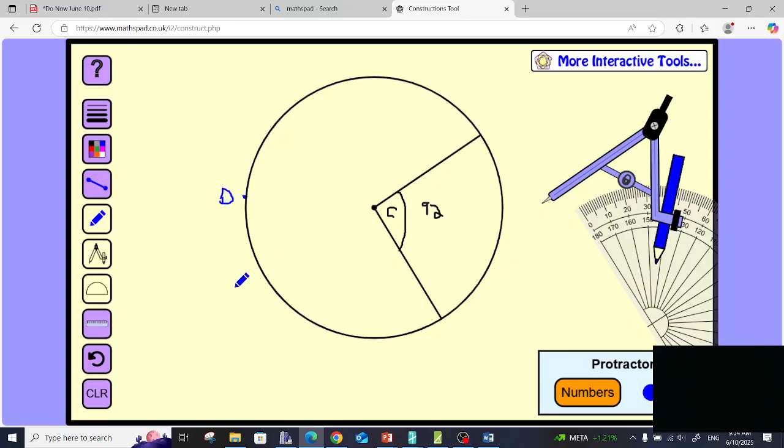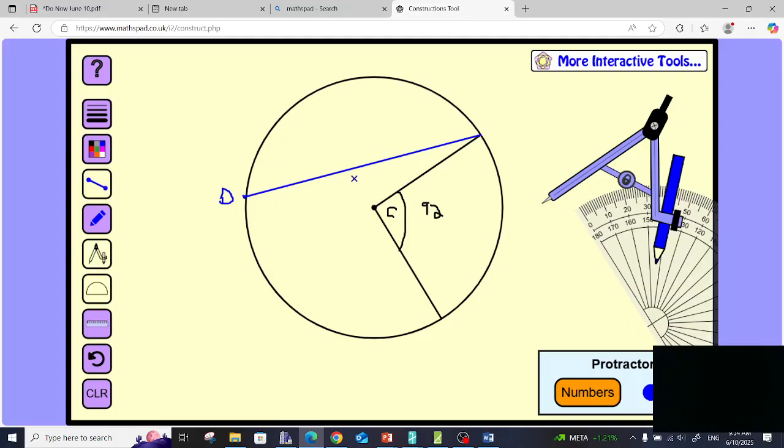Okay, now an inscribed angle has the vertex on the circle itself. So you're going to use your straight edge, and from this point that you intersected the circle here, I want you to draw a chord.